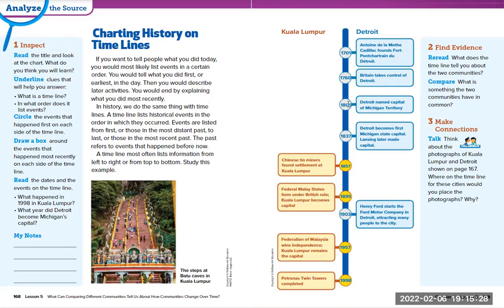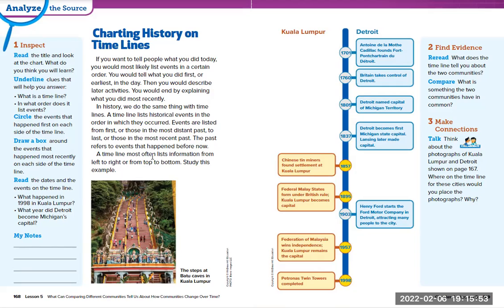So you can see it with the labels and the numbers, and that explains why they have the numbers listed like this. Events are listed from first, or those in the most distant past, to last, or those in the most recent past. The past refers to events that happened before now.